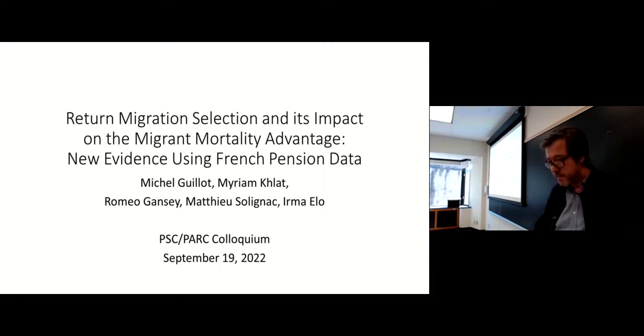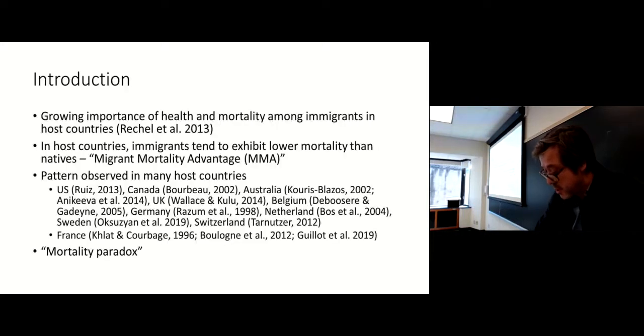So the title of the paper is Return Migration Selection and its Impact on the Migrant Mortality Advantage: New evidence using French pension data. So why do we care about the mortality of immigrants in general? The proportion of immigrants has increased in many host countries in the past decades.